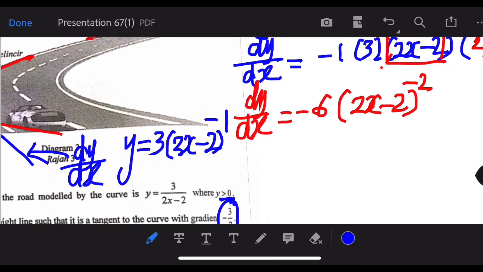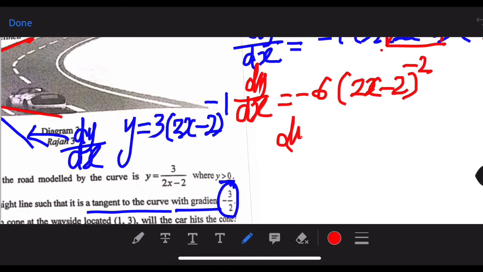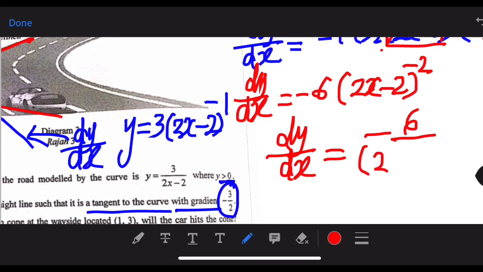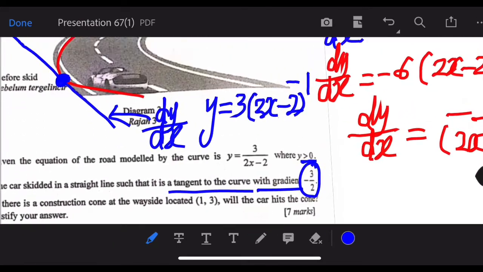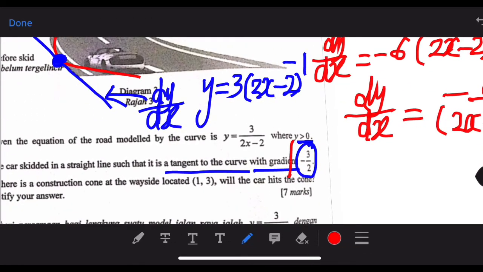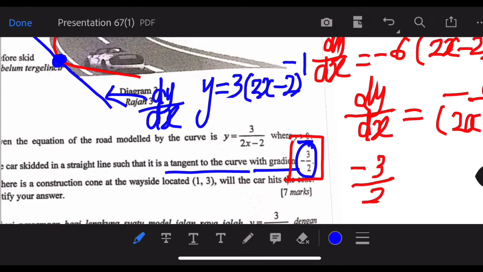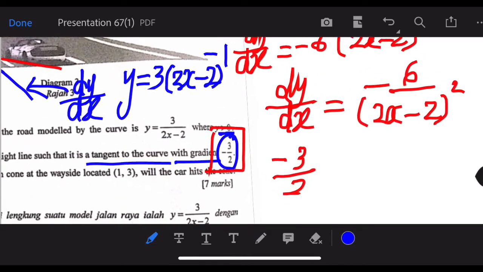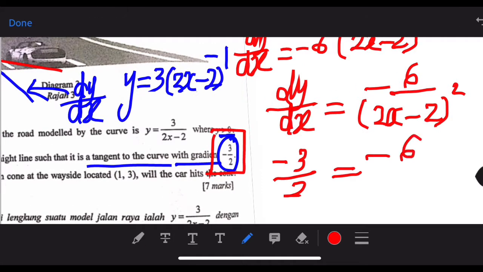And then you have to write in fraction because it's easier for you to solve later on. Okay, so square. And you see, you are given the gradient, meaning that the dy/dx value was given. So you can just substitute and then you can equate and solve for x, right?